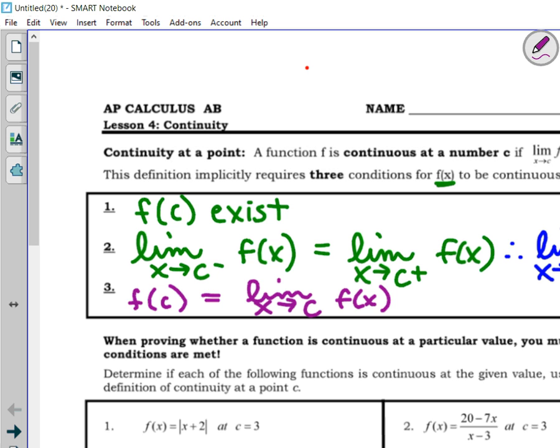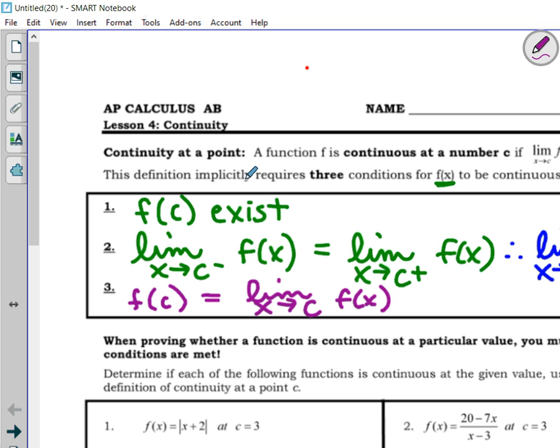Now, the reason we write it in this 3-step form, even though the bottom line is really the important statement you have to make, is that you've got to say some things to get to step 3. By saying I can get f of c, here's f of c.